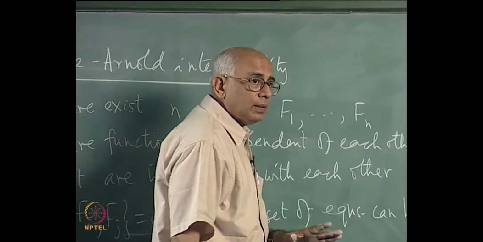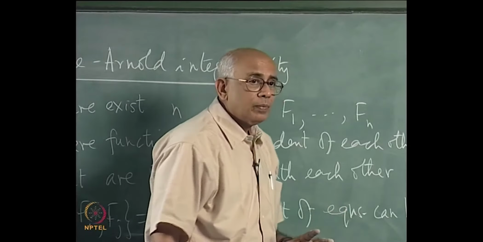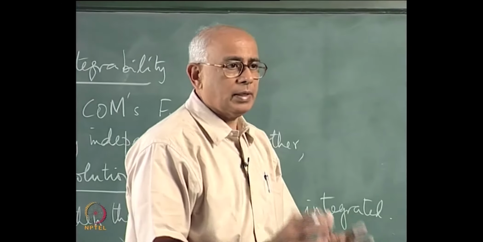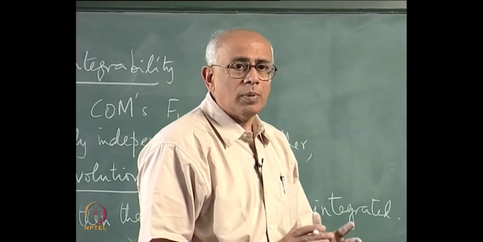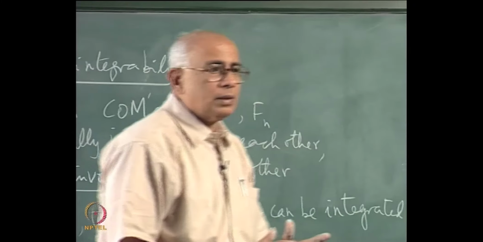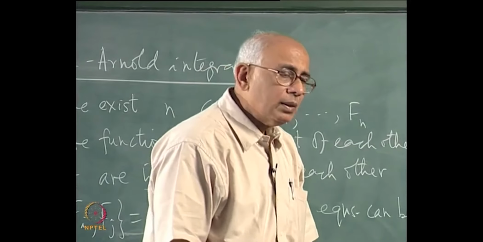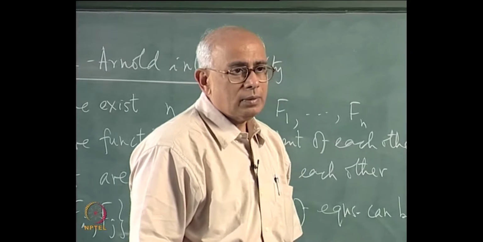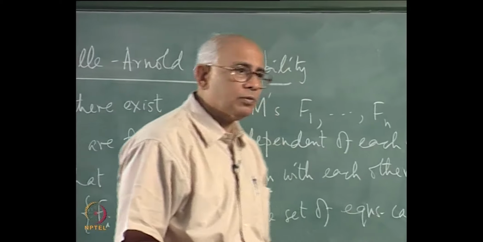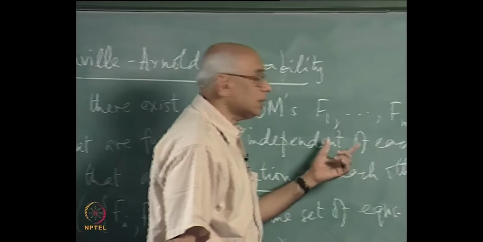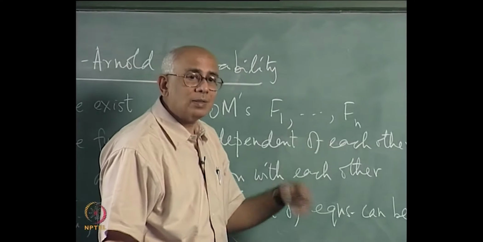Having said that, I should also point out that the set of Hamiltonian systems for which this can be done is quite restricted, but it is a very important set, and the importance lies in the fact that for cases when it is not integrable, you can do perturbation theory, you can develop perturbative methods for answering questions of what happens to Hamiltonian systems where such a set of constants of the motion does not exist.